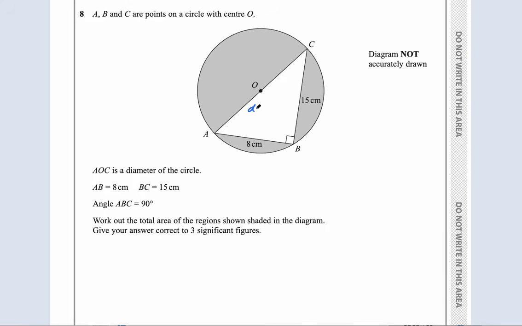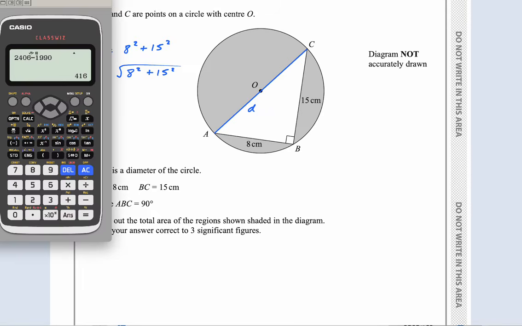That would be the total length from here to here. Okay, so using Pythagoras' theorem, I know it's Pythagoras because it's a right angle, D squared equals 8 squared plus 15 squared. D is then equal to the square root of 8 squared plus 15 squared, which is 17.